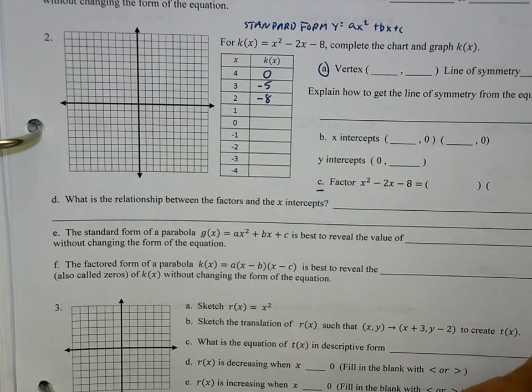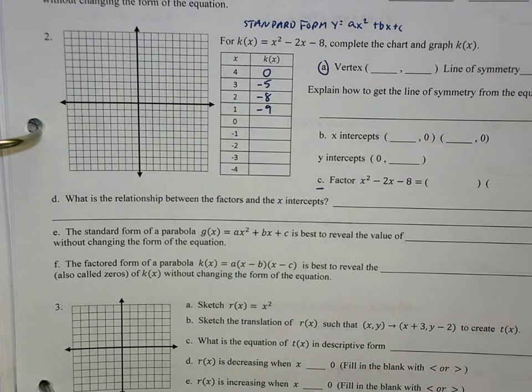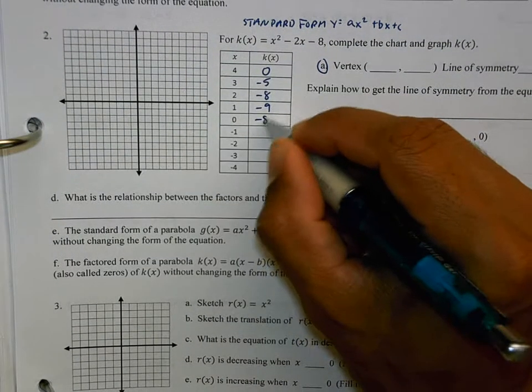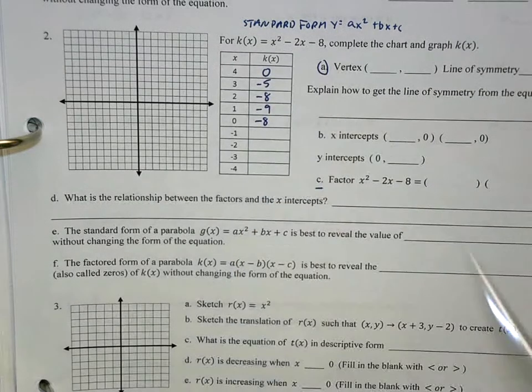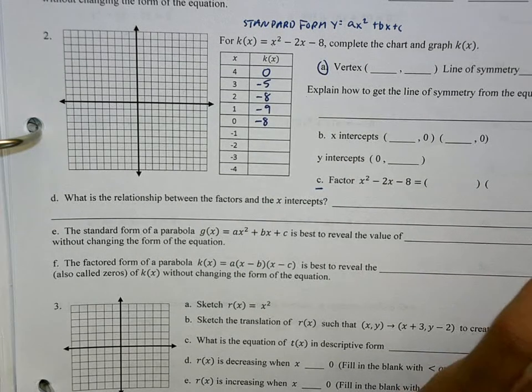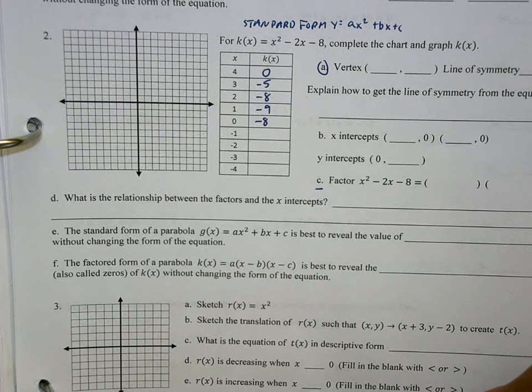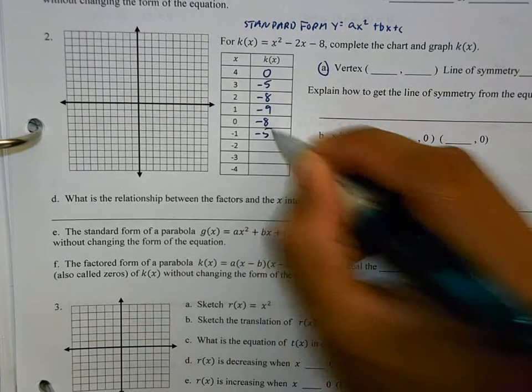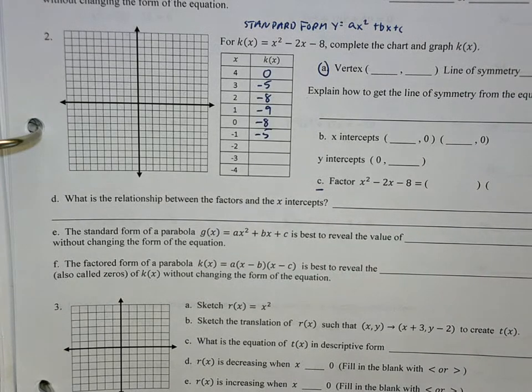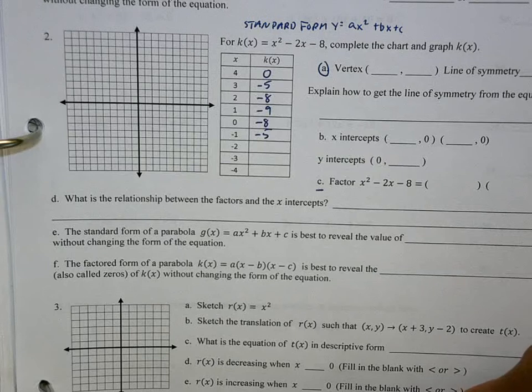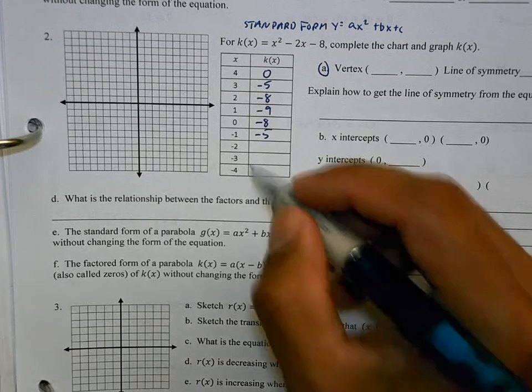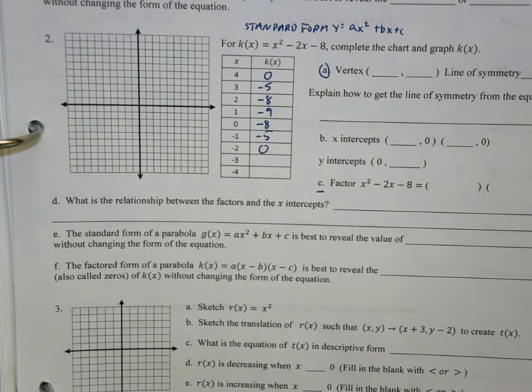1 minus 2 minus 8. Plug in 0. I can do that in my head. 0 minus 8 is negative 8. Plug in negative 1. I have a feeling that when I plug in negative 2, I'm getting 0, and I can figure out the other values as well.